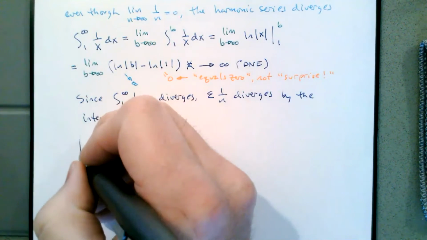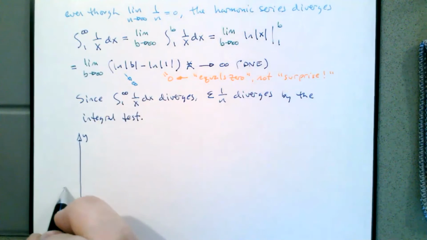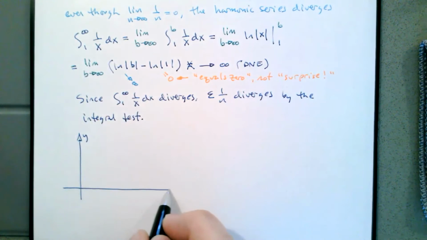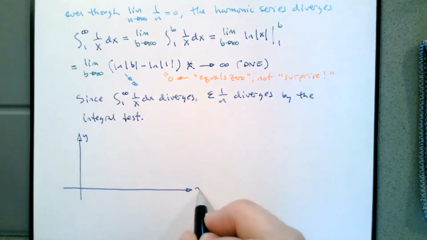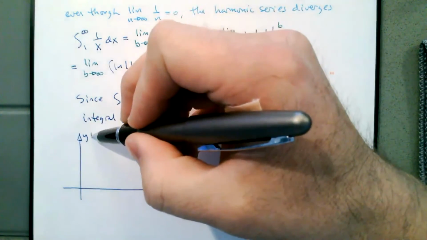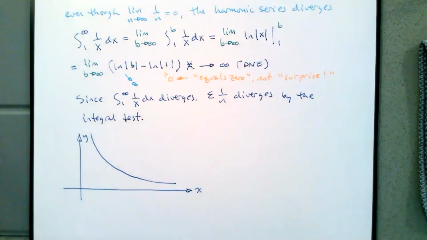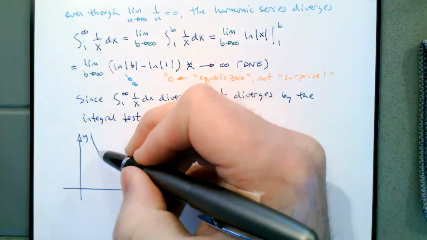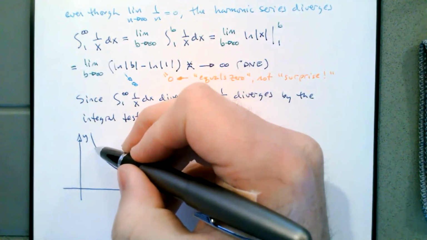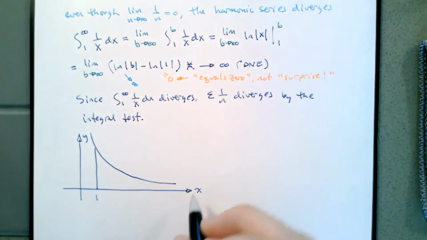So if we draw the graph of 1 over x from 1 to infinity.